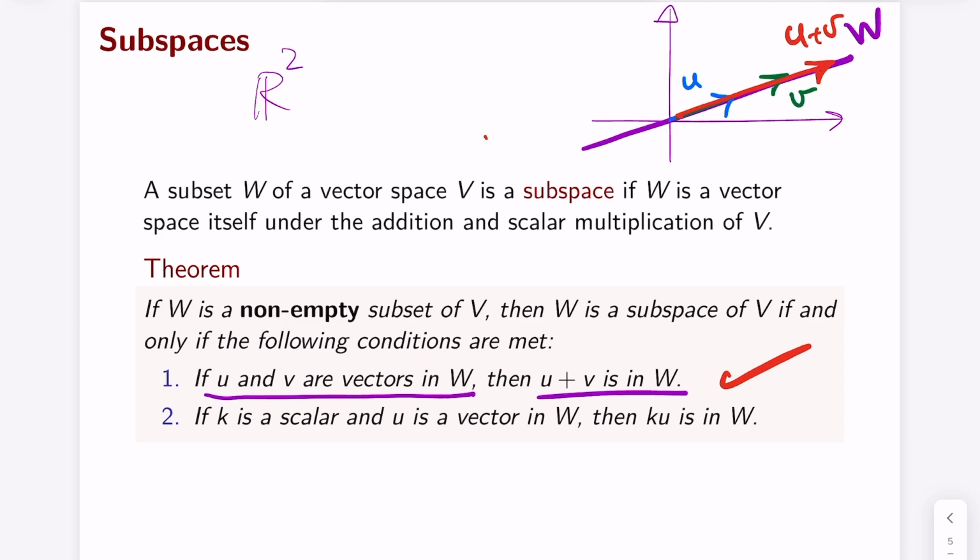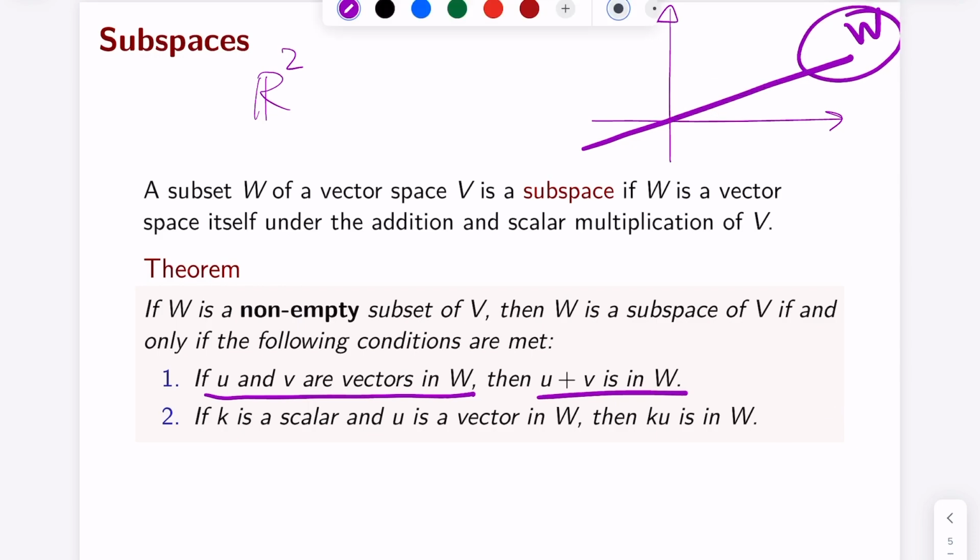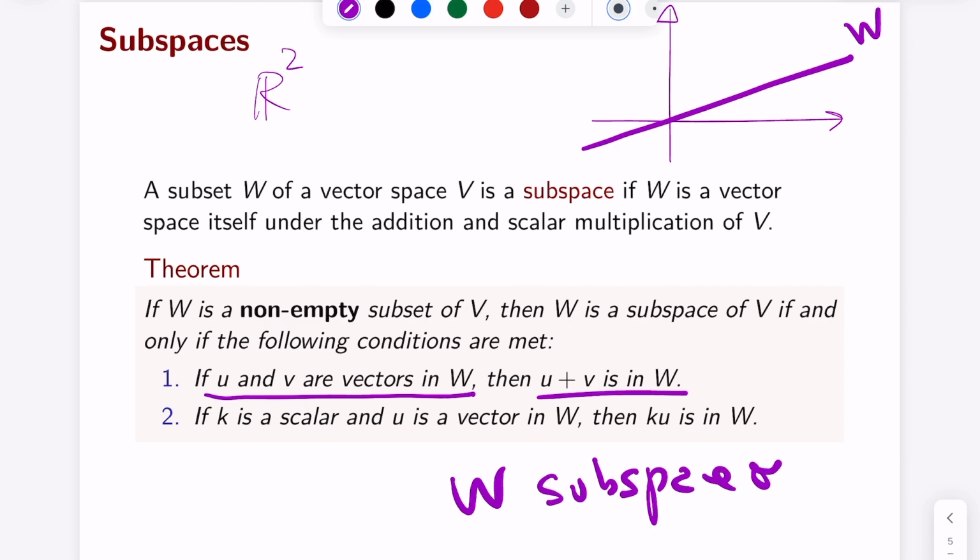Any vector that we take in this line, for instance, this vector u here, when we do the multiplication by a scalar, we obtain something that is still inside of W. So this property is also true. So this line W is going to be a vector subspace. So W is then a subspace of R2.